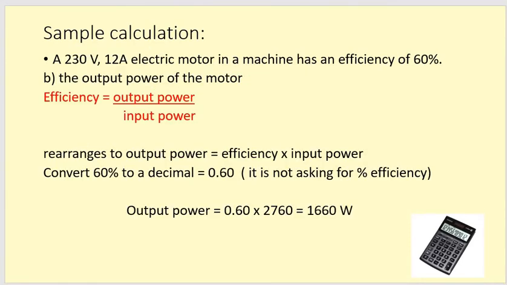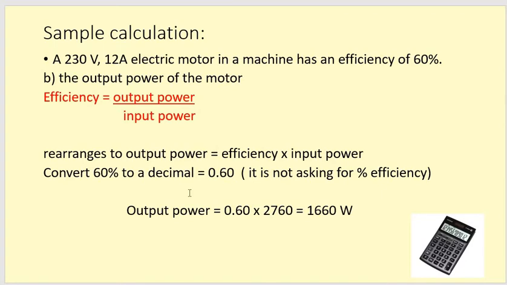The second part, now we've got the efficiency, is output divided by input. However, in this case, we know the efficiency and we know the input. We want to find the output. So we're going to rearrange it so that output power will equal efficiency multiplied by input. So as this was divided by input, you multiply it to move it onto this side here and make output the subject of the equation.